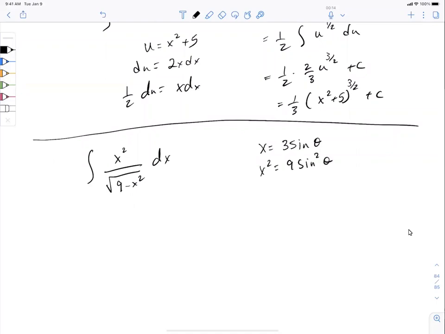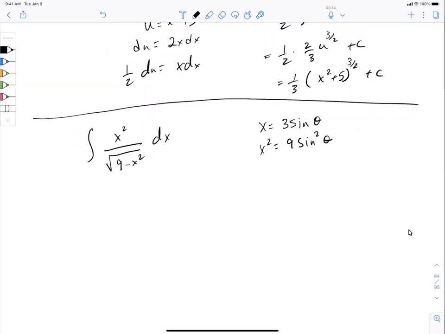I'll explain where the 3 comes from and why I chose sine in a little bit. But right now, we have 3 sine theta for x, then the square of it would be 9 sine squared theta. But also, I have to change dx. And from here, dx is 3 cosine theta d theta. I get that differential for dx.